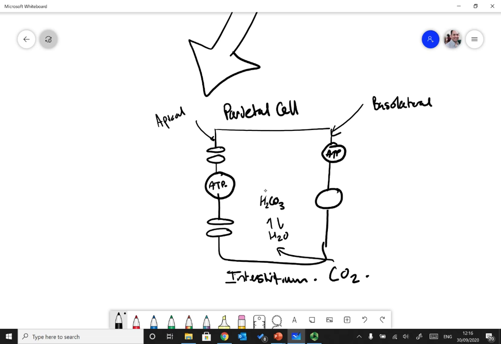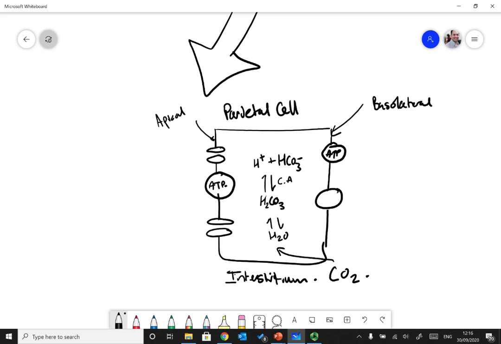And then carbonic acid, because it is a volatile acid, and we've got carbonic anhydrase in the system, will fall apart into a proton and a bicarbonate ion.